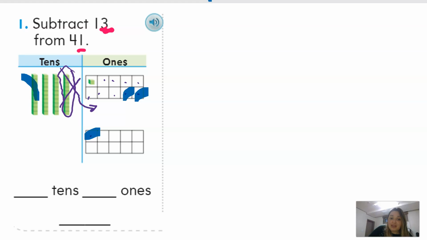We started with 4 tens, but then we regrouped 1, and then we took away 1 because of the 13. So I am left with 2 tens, and let's see how many ones. 1, 2, 3, 4, 5, 6, 7, 8 ones. So 2 tens and 8 ones is the same as 28.